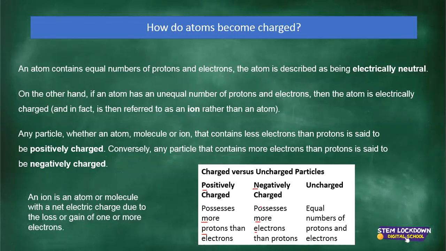Okay, so just to recap: MEN, more electrons, negatively charged. MP, more protons, positively charged. Or maybe you could say MP squared, more protons, positively charged.